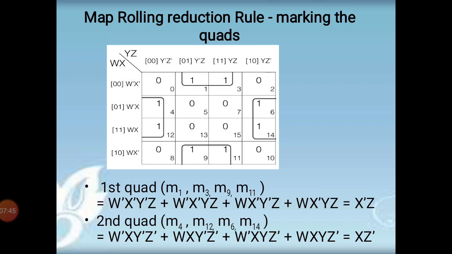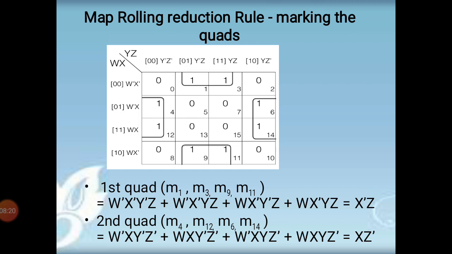Now map rolling reduction for quad. In this K-map we have rolled it and then marked the quad. In the last one we marked a pair, and in this we mark the quad. After rolling from top to bottom, the first quad is M1, M3, M9 and M11, and from rolling left to right, the second quad is M4, M12, M6 and M14.